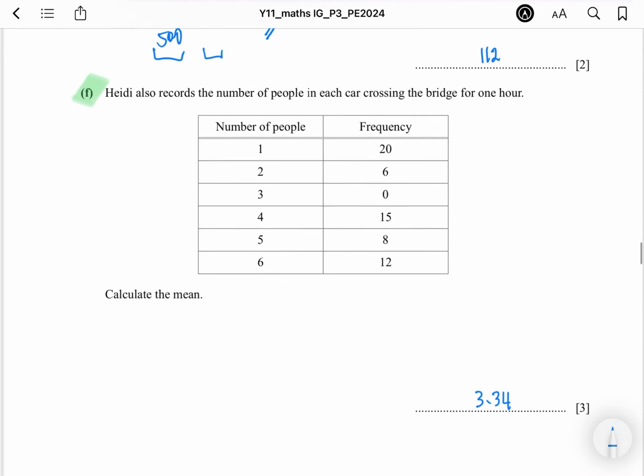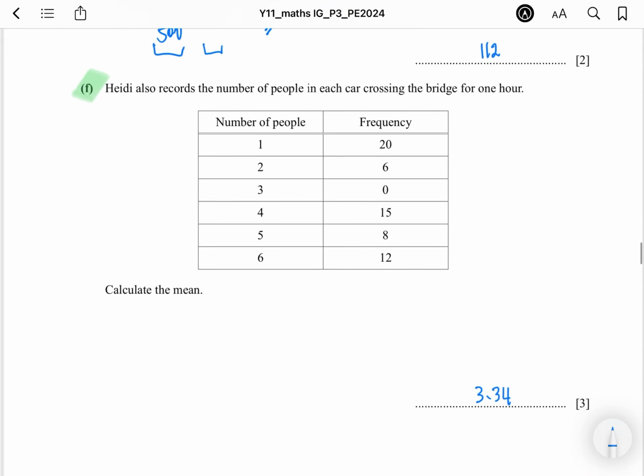F would be calculating the mean. So for the mean, you need to multiply the number of people with the frequency and then sum it up over the total frequency.